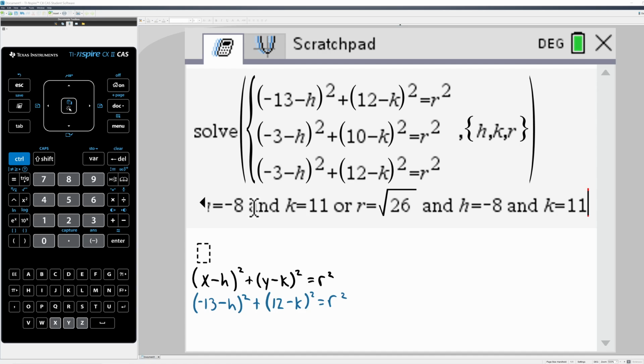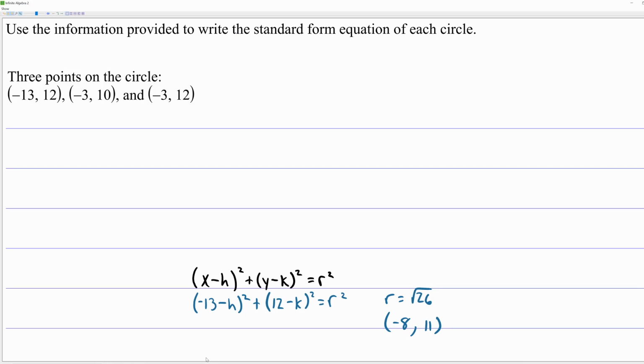So to write this down, because we'll need that to write the equation of a circle, the radius is the square root of 26, and the center is at h, k, which is negative 8, 11. So if we go back to the problem, we can write the equation of the circle.